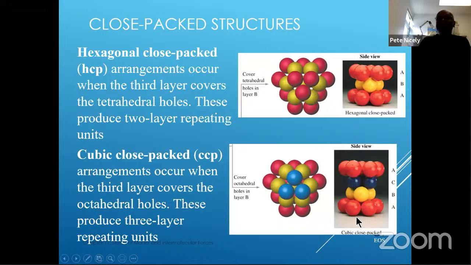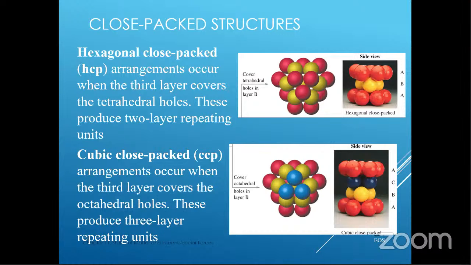The third layer is different from the other 2. And then the fourth layer will be exactly the same as the first layer. So that's the reason why we call it the ABC arrangement. As stated here, this arrangement will produce a 3-layer repeating unit. All right, so that's basically the cubic close packing arrangement as opposed to the hexagonal close packing arrangement.